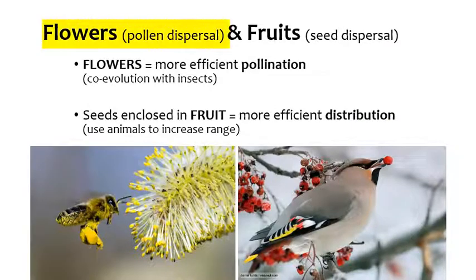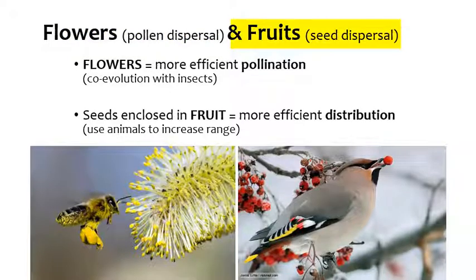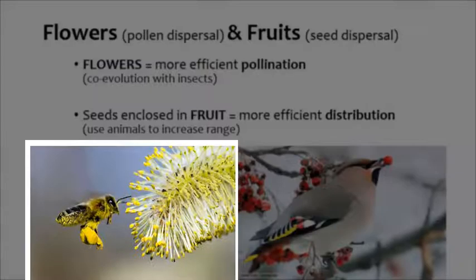Pollen contains the sperm of a plant. Seeds contain the embryos of a plant. Flowers attract animals to the plant with color or some type of reward. The animal gets dusted with pollen, and then the animal is drawn to another flower.